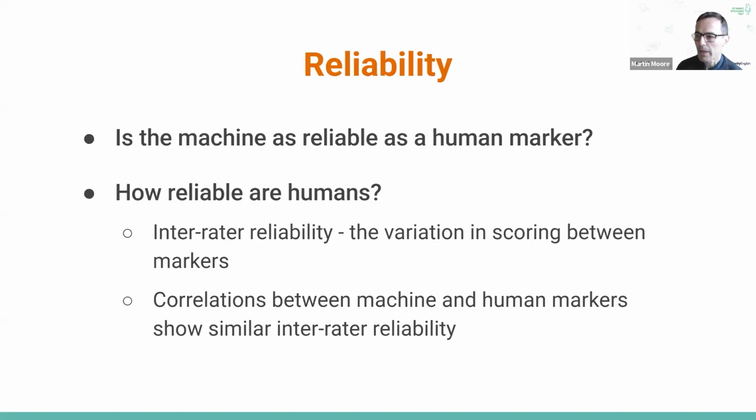And test providers put a lot of effort into evaluating the inter-rater reliability. What I mean by that is you have to look at what is the level of variance between the marks that the human markers give. And obviously, for a test to be reliable, we need to make sure that the markers are not varying too far in their marks.